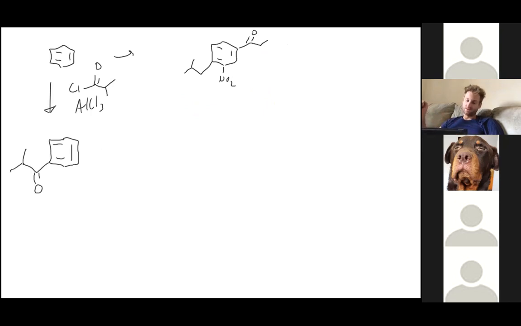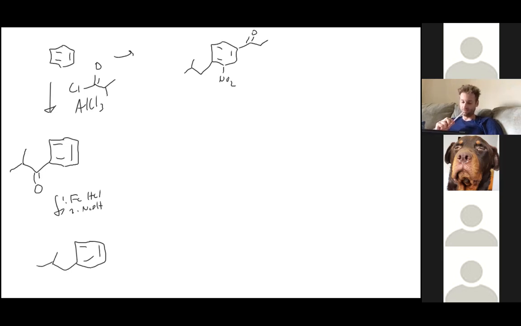Gets us this meta director, which is not what we want. So we have to reduce it first with iron, HCl, NaOH. And this puts us into a position to do what we actually want.